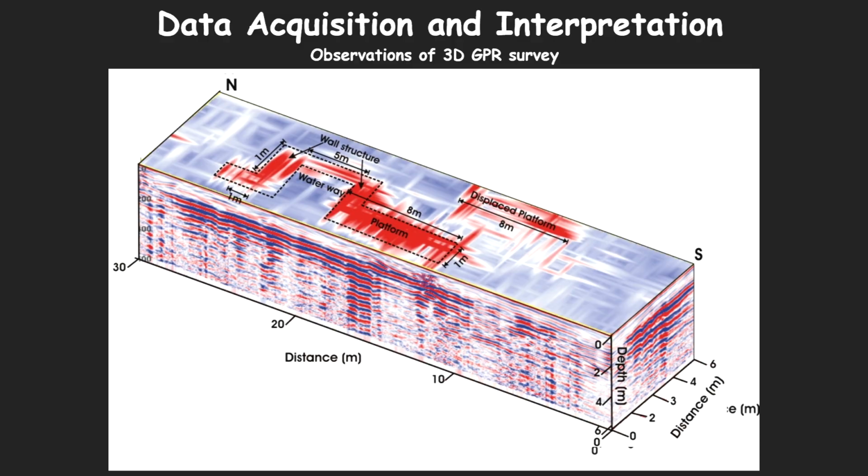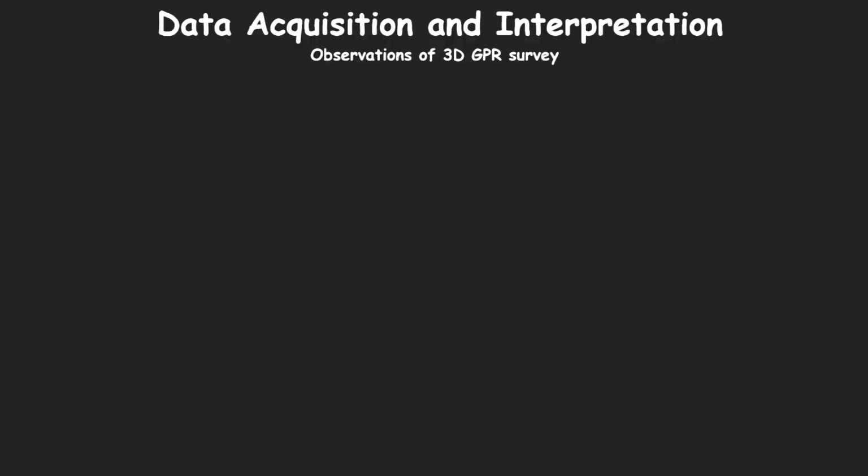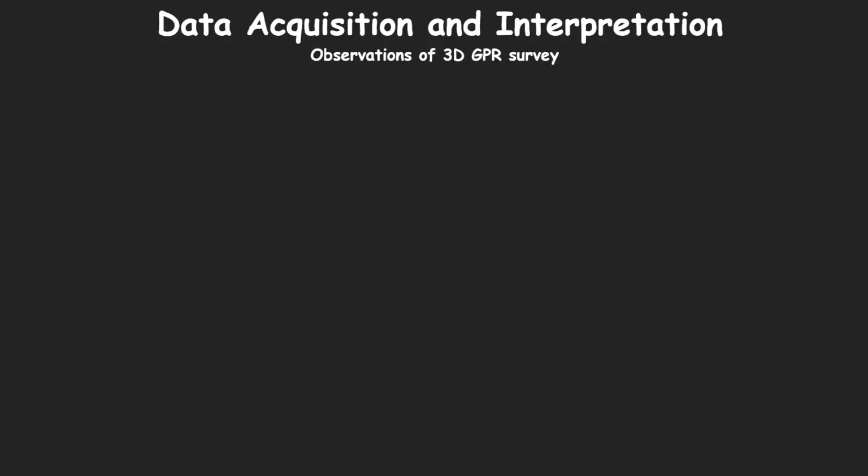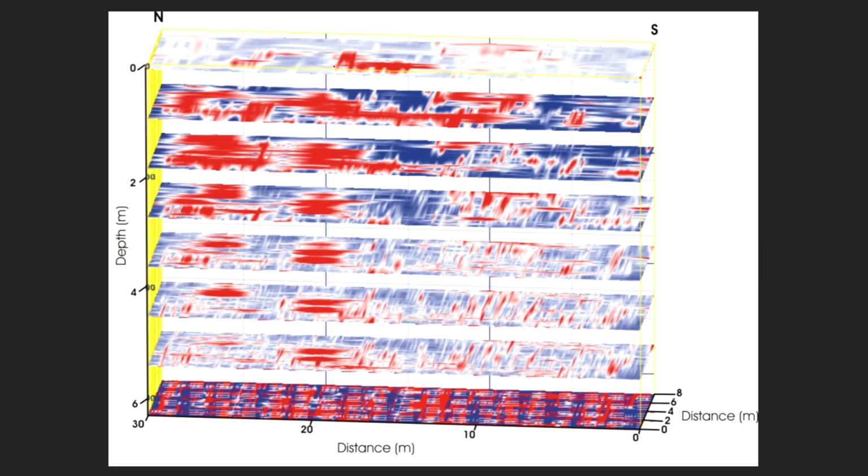We found a platform and, on either side, what we interpreted as a water pathway, and these are most common features in Mughal gardens. We were also able to fix the depth at which we can see this, up to 2.5 or 3 meters, and below that we don't see the structure. We have marked the platform and all that.